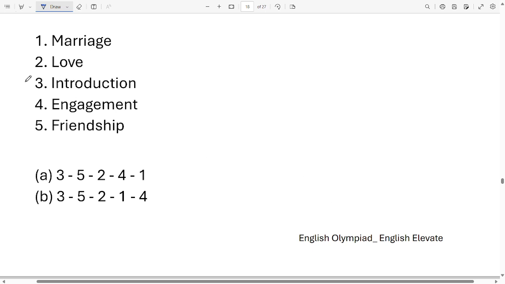First will be your introduction, then friendship, then love, then engagement, and then marriage. So our combination is 3, 5, 2, 4, 1, which is option A.